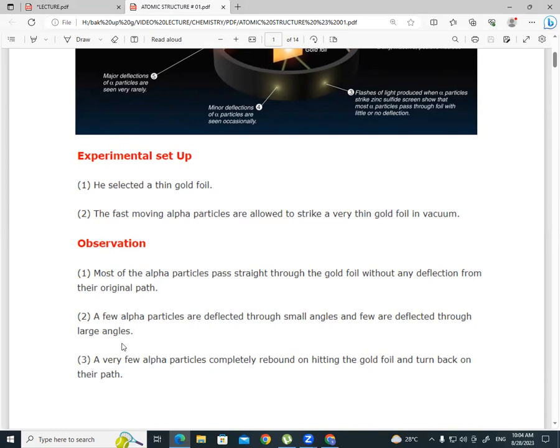Second observation, a few alpha particles are deflected through small angles and a few are deflected through large angles. And third, very few alpha particles completely rebound on hitting the gold foil and turn back on their path.